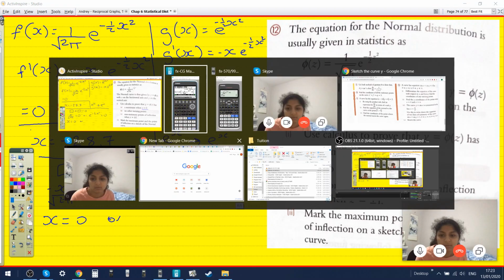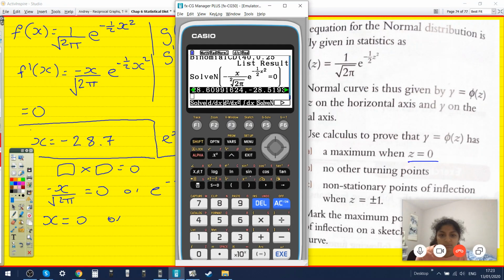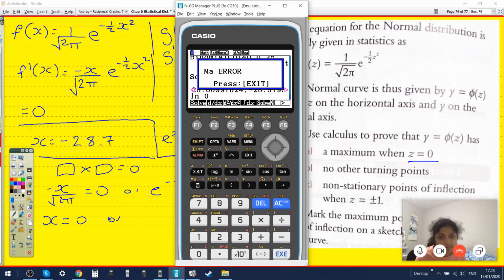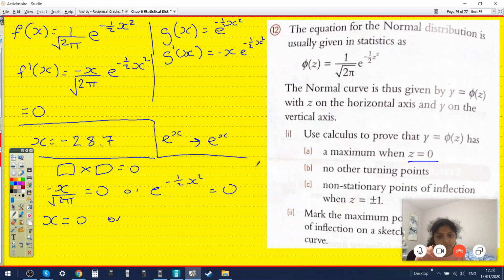So this one, you could ln both sides, but ln of 0. Yes, you can't, it doesn't reach 0. And so that's it. So x equals 0, or in this case, z equals 0.